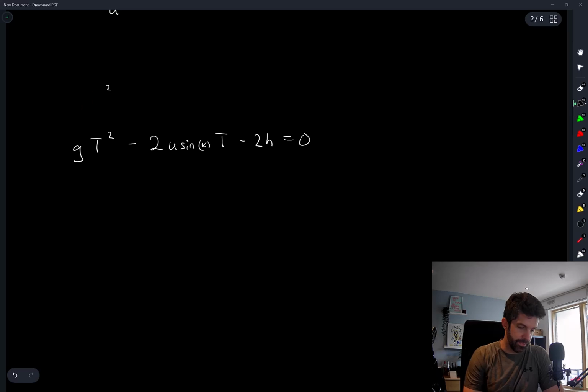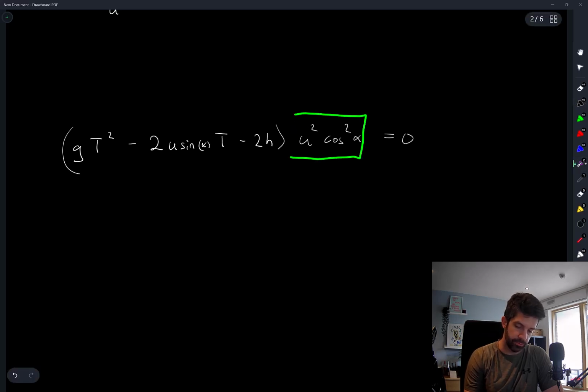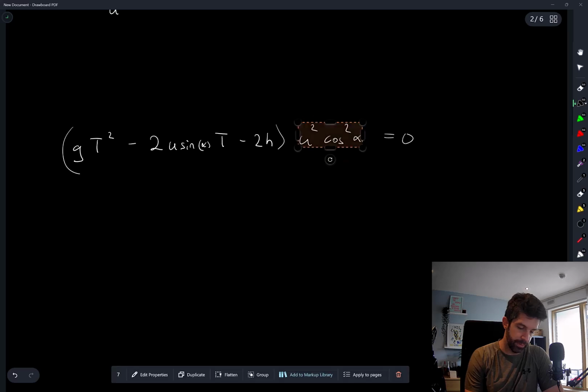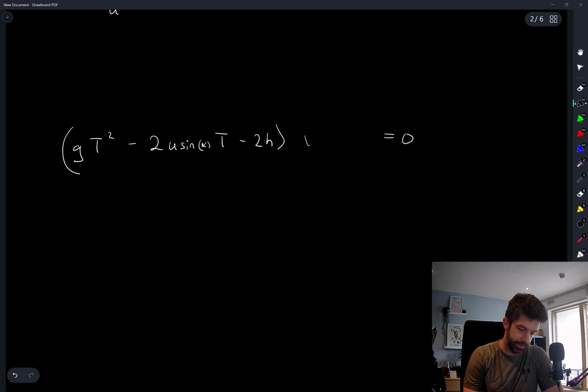Okay, so I know that the variables have to satisfy this, where capital T is the amount of time it spends in the air. I'm going to multiply this whole thing by u squared cosine squared alpha. This is the horizontal distance. In fact, why don't I instead write it like Vx squared.